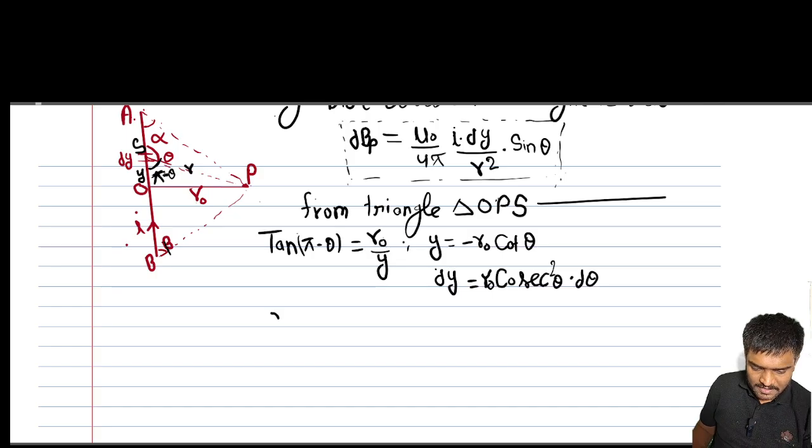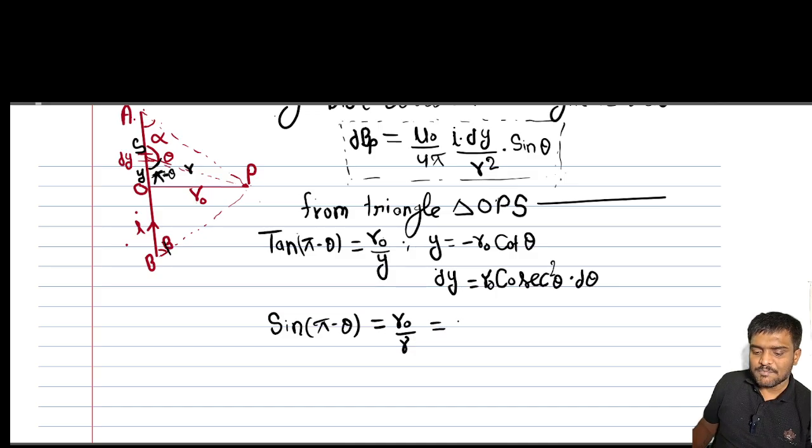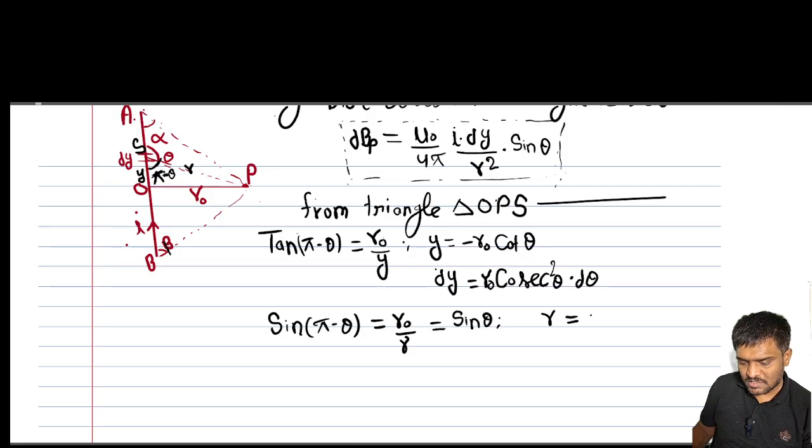Again we will choose the trigonometric function: sine of pi minus theta is equal to perpendicular upon hypotenuse, and sine of pi minus theta is sine theta. So r is equal to r naught cosec theta.